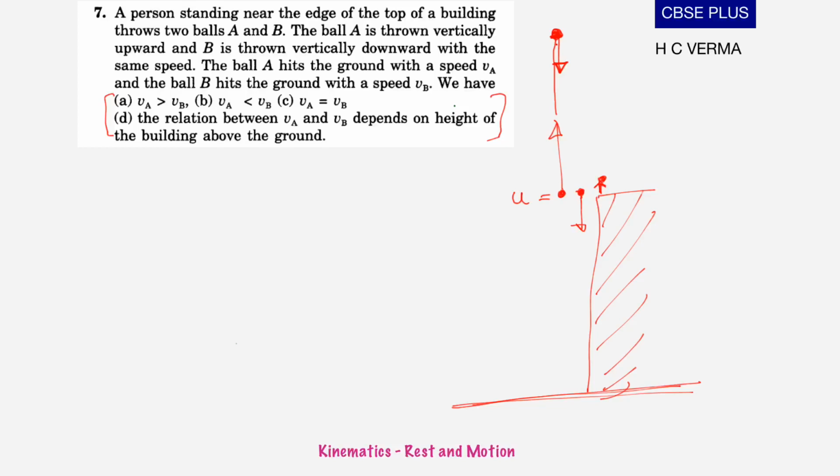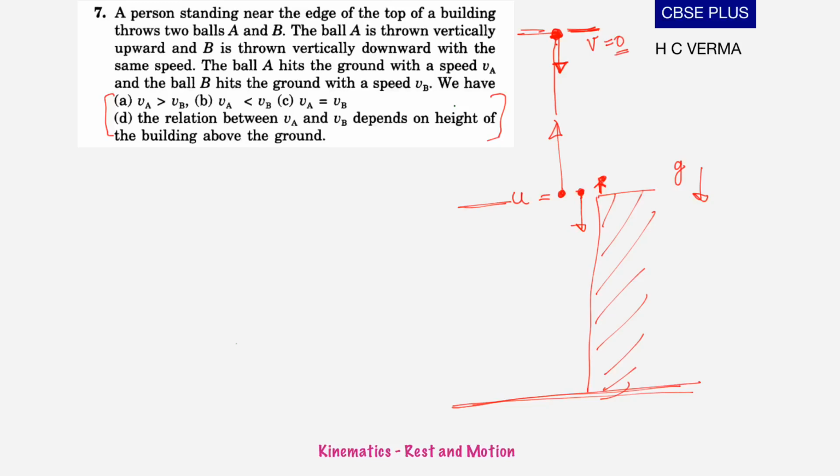Throughout this motion, an acceleration will work, which is acceleration due to gravity, always downward towards the center of the earth. When the ball reaches the summit point, the top point, the final velocity of this chunk, from here to here, will be 0, or we can say the speed is 0 here.